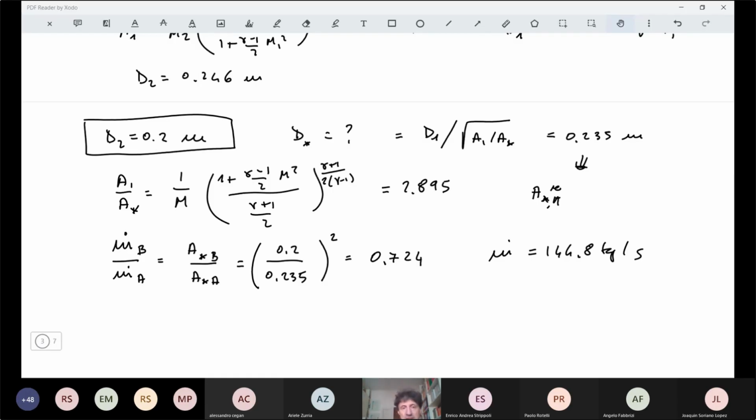So if we reduce this diameter, we start from a 0.246 diameter where we had Mach number 0.7 at the exit and the corresponding mass flow rate that we knew. Now we squeeze, let's say, the throat. If we reduce diameter, we realize choking conditions, and because of these choking conditions, only this 72% of the initial mass flow rate can flow through our converging channel.